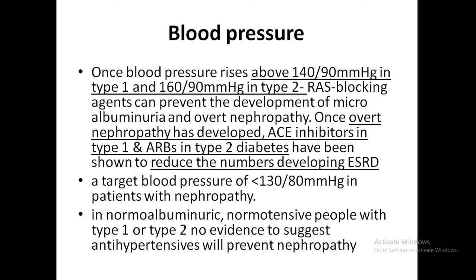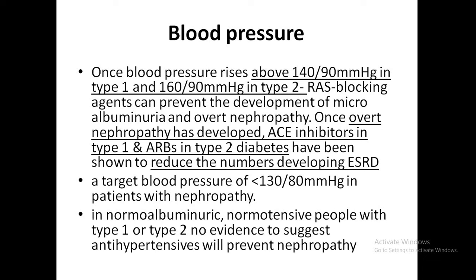Blood pressure. Once the blood pressure rises above 140/90 in type 1 and 160/90 in type 2, it has been shown that renin-angiotensin blockers can prevent the development of microalbuminuria and overt nephropathy. But once overt nephropathy has developed, ACE inhibitors in type 1 and ARBs, angiotensin receptor blockers, in type 2 have been shown to reduce the numbers developing end-stage renal disease.